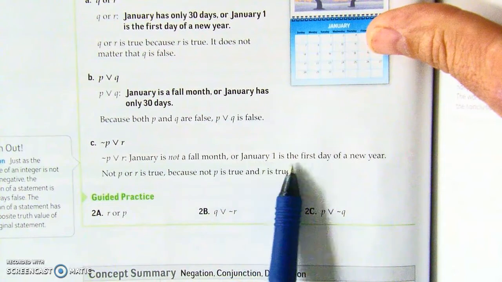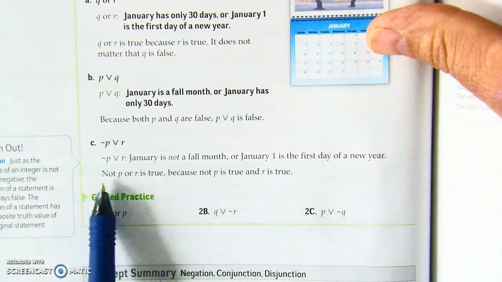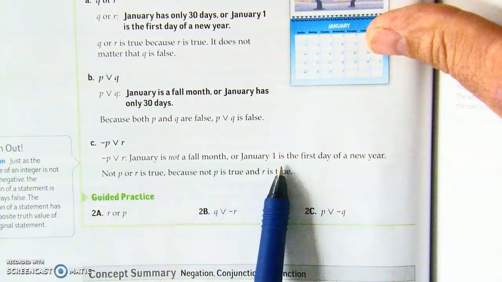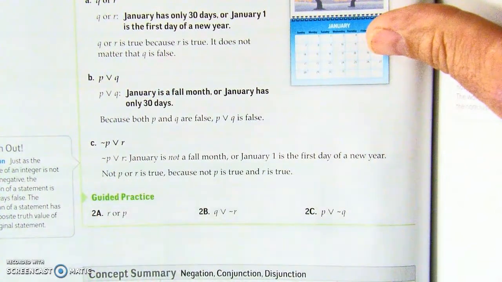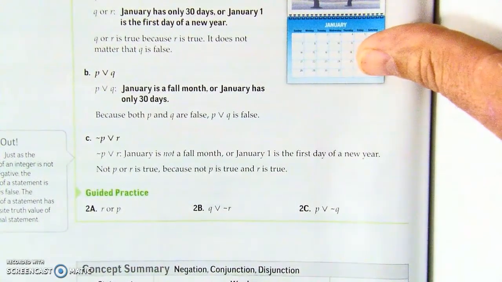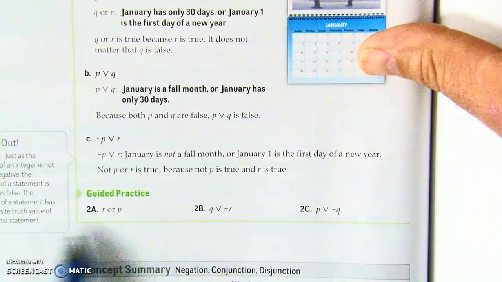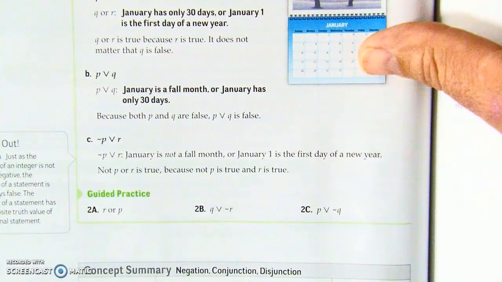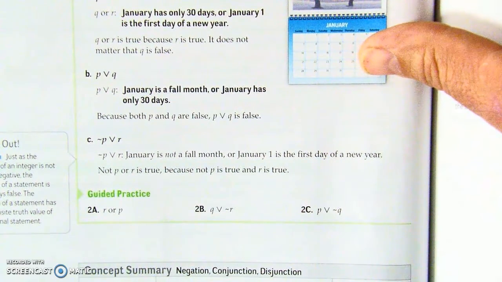Or January 1st is the first day of the year. So not P or Q is true because that's true, and actually that is true, so therefore the whole thing is going to be true. Okay? So I would recommend going through and doing these or statements on your own, and then we can come back and talk about them in class if you guys got any questions about them.